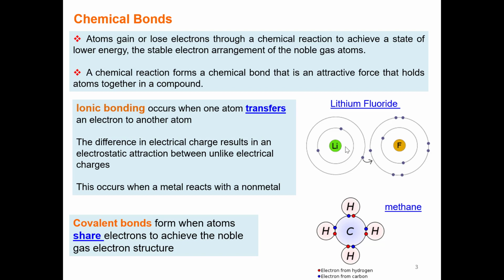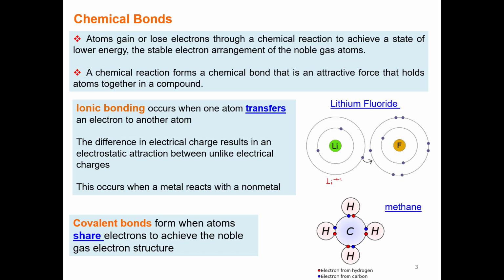If the lithium loses one electron, then the lithium will be positive one, a positive ion, and its electron configuration is similar to helium.